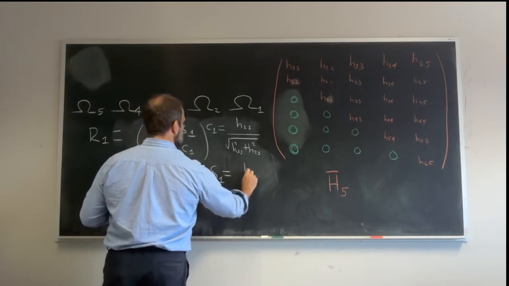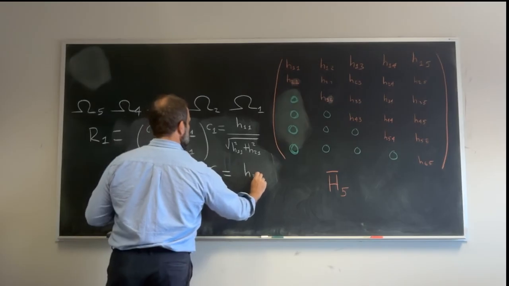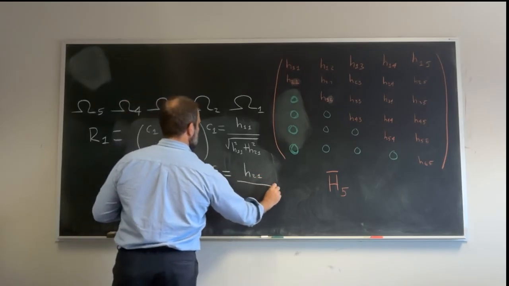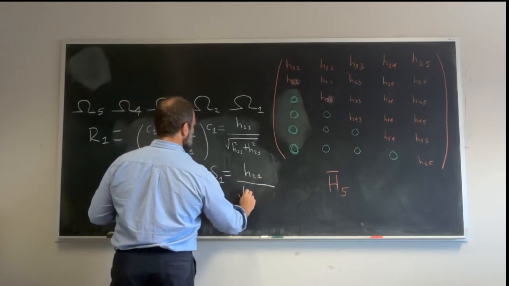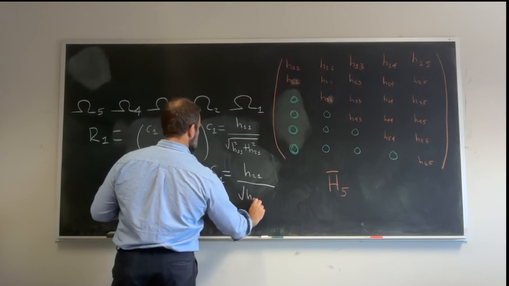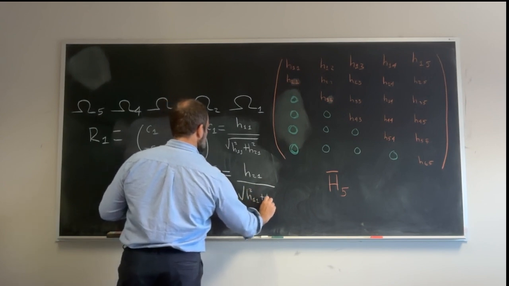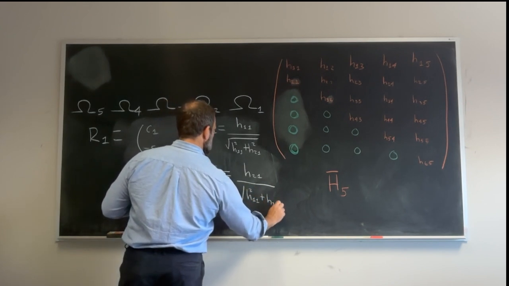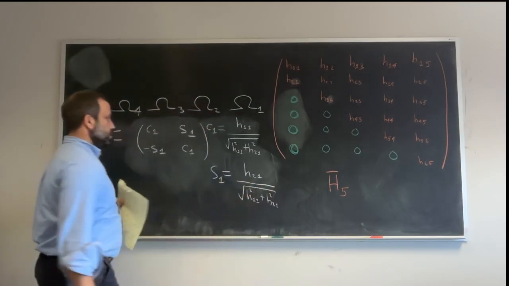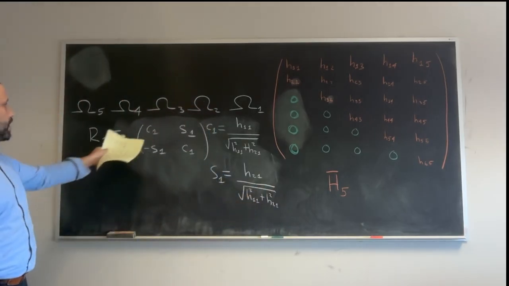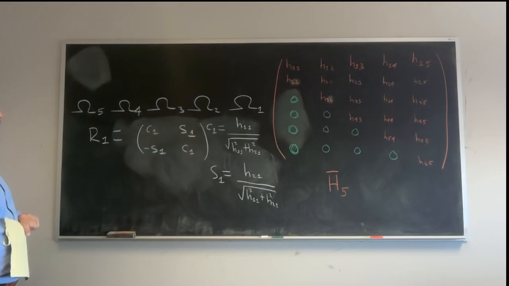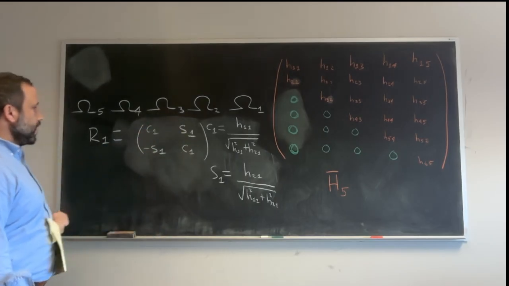And then S1 is going to be H21 divided by the square root of H11 squared plus H21 squared, like that. And so we're going to form our matrix R1 in this form right here, where C1 and S1 are given by that formula.